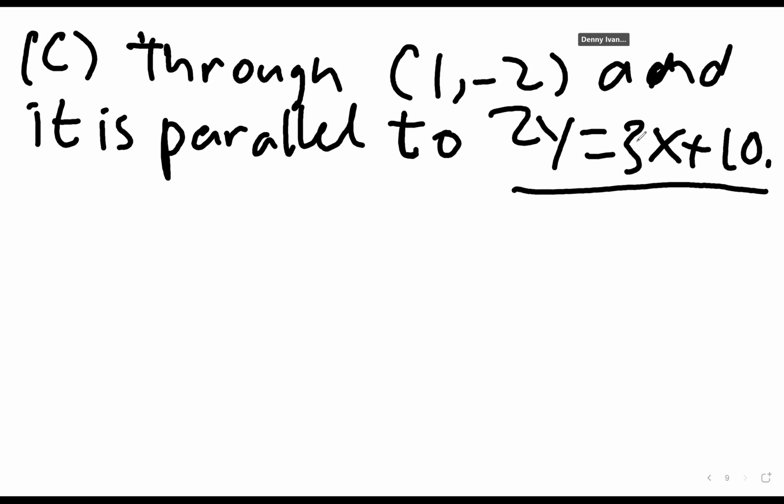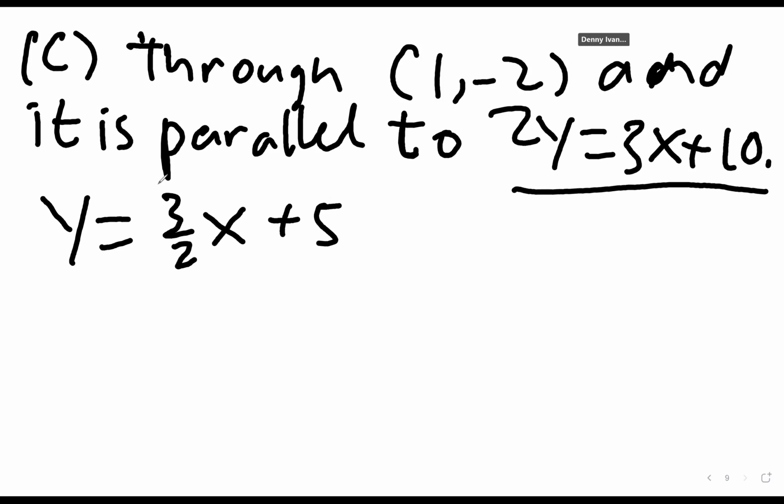From the equation 2y equals 3x plus 10, we know that y equals 3 over 2 x plus 5, and in this case the gradient is 3 over 2. So m equals 3 over 2. Just use this information and the point 1, comma minus 2, exactly as in part a. Then we can find the equation of the line.